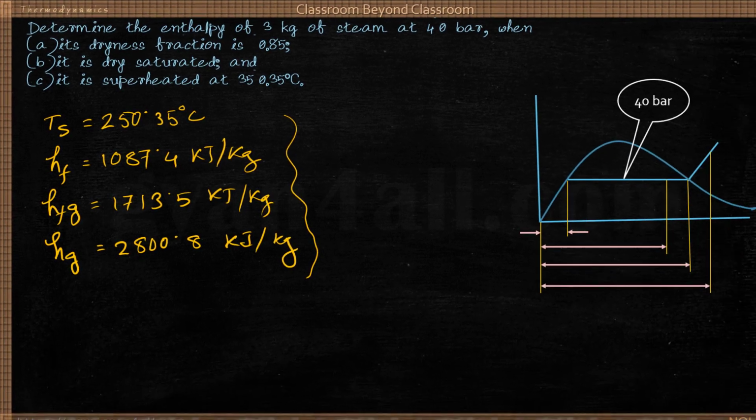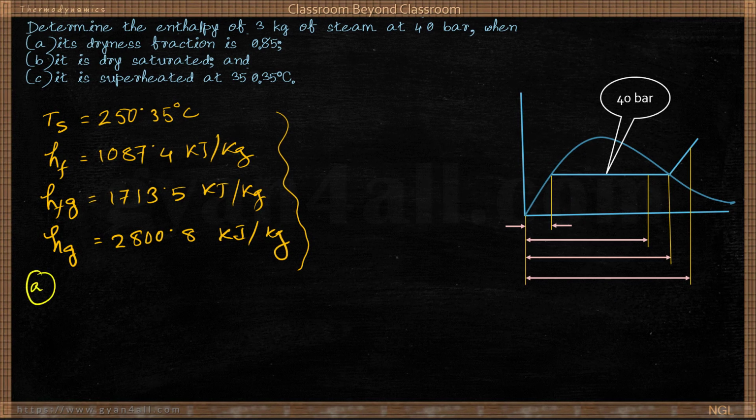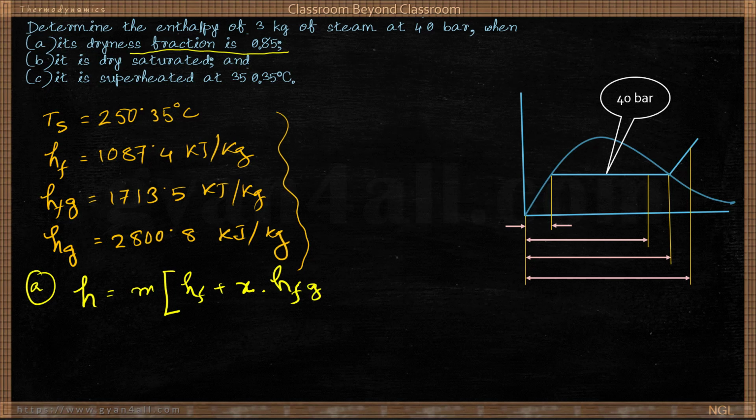So the first problem is when the steam is wet steam with a dryness fraction of 0.85. Total heat H is equal to M, the mass of steam, into HF plus X, dryness fraction of steam, into HFG, 3 kg.